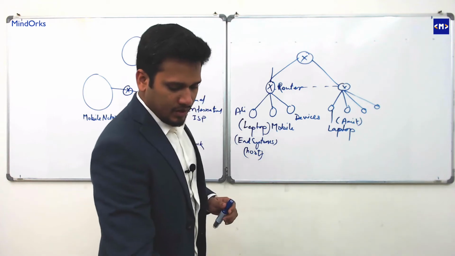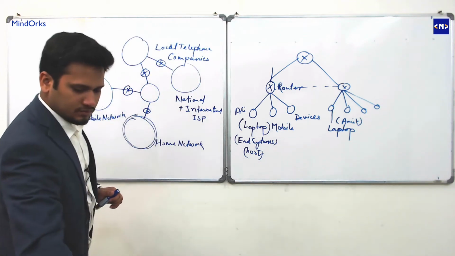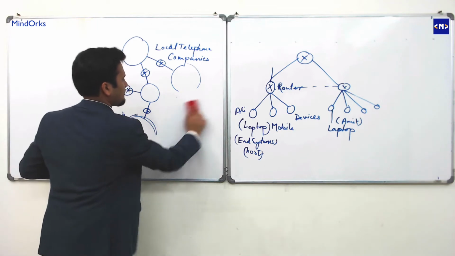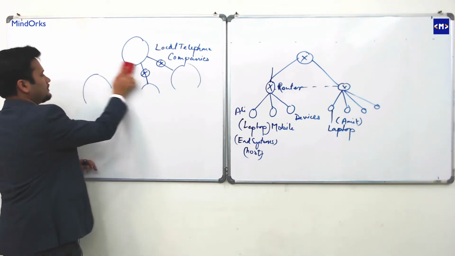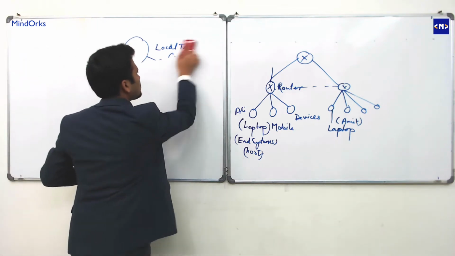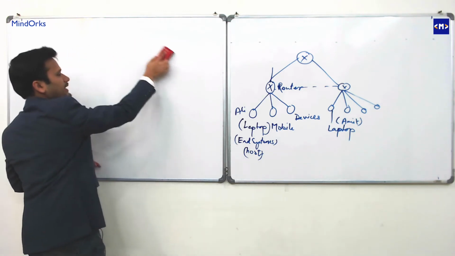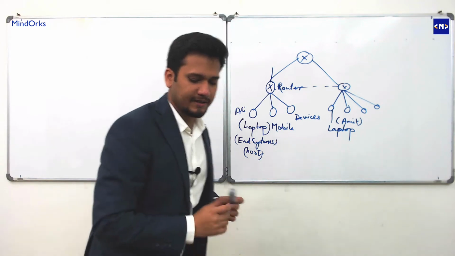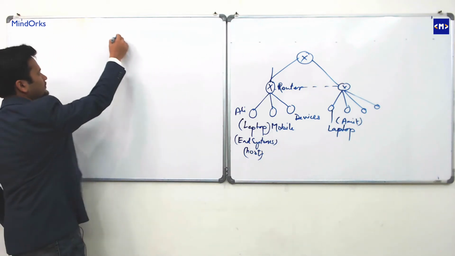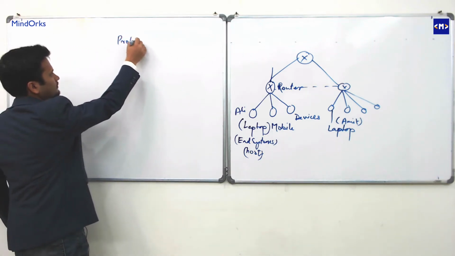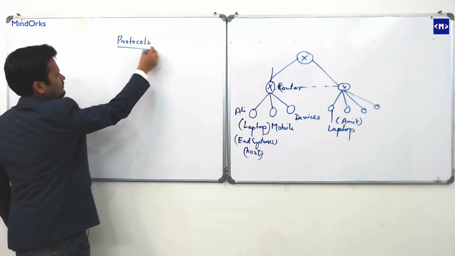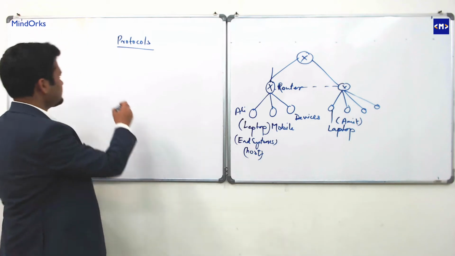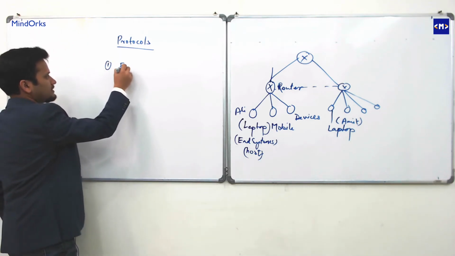I will discuss more about protocols, because protocols are what make this network functional, and they are the most important part of the internet. The first thing in a protocol is the format of the message.